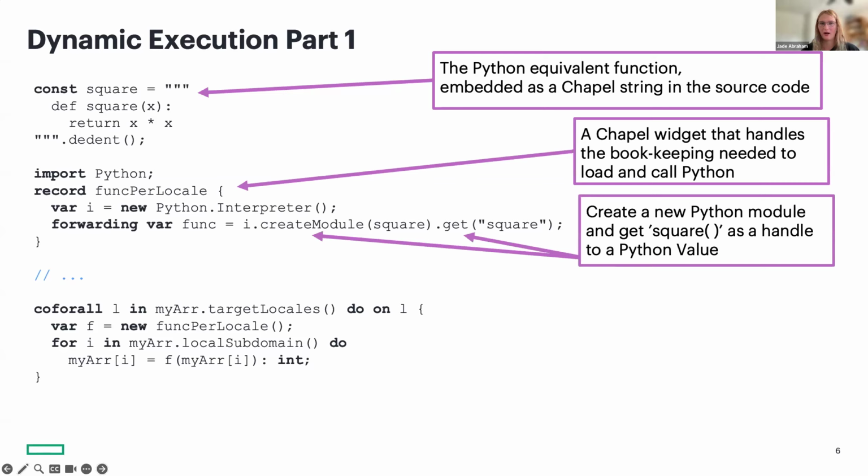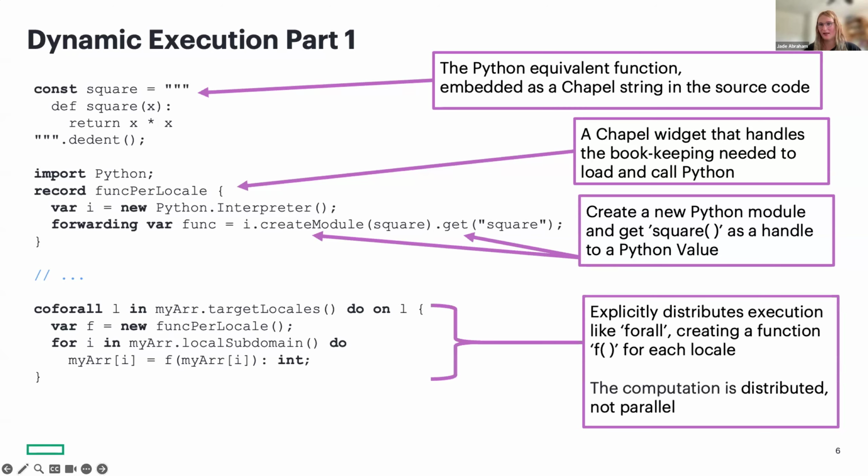Then I've got this little wrapper here, which is going to create a new anonymous Python module from that string and get a handle to the inner Python object called square. It's going to set it up so that we can just use this object. We're not going to use that same magic for forall, but we are still going to get explicit distributed computation using the coforall.